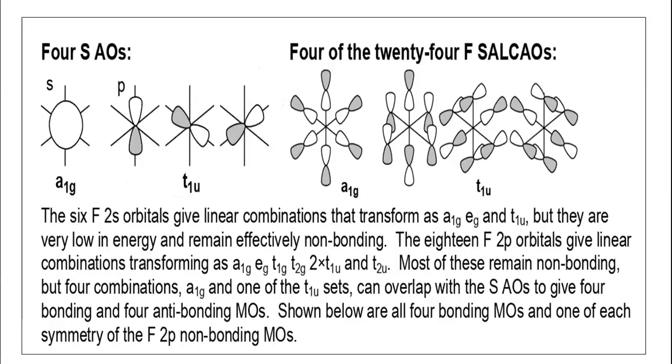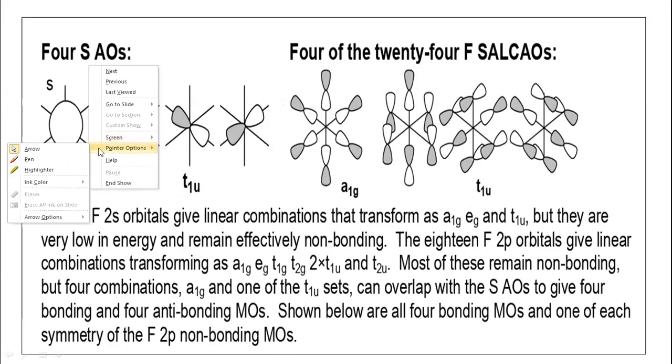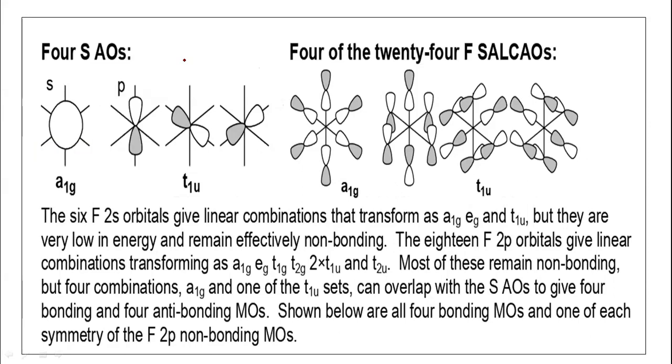Now, sulfur is having 4 atomic orbitals. You can see the structure of the atomic orbitals given here. Which are those 4 atomic orbitals? Let us write here the electronic configuration of the sulfur. The valence shell electronic configuration is 3s2 3p4.